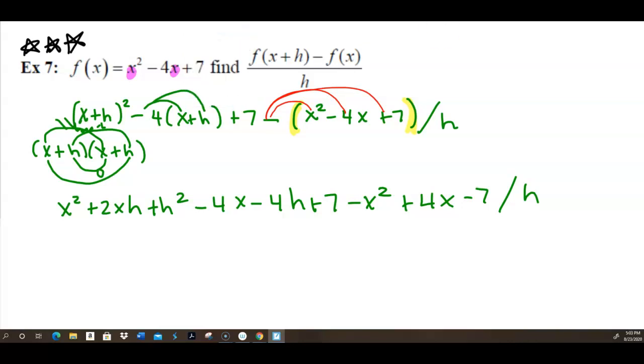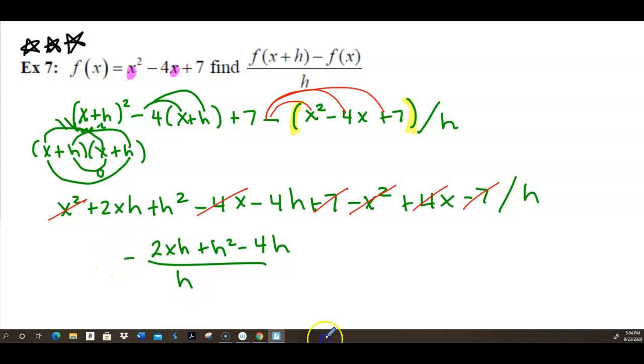All right, let's simplify. So now a whole bunch of stuff is going to cancel. Let me use red. So the negative x squared and the x squared cancel. The 7 and the negative 7 cancel. The 4x and the negative 4x cancel. So now 2xh plus h squared, subtract 4h over h is what I have.